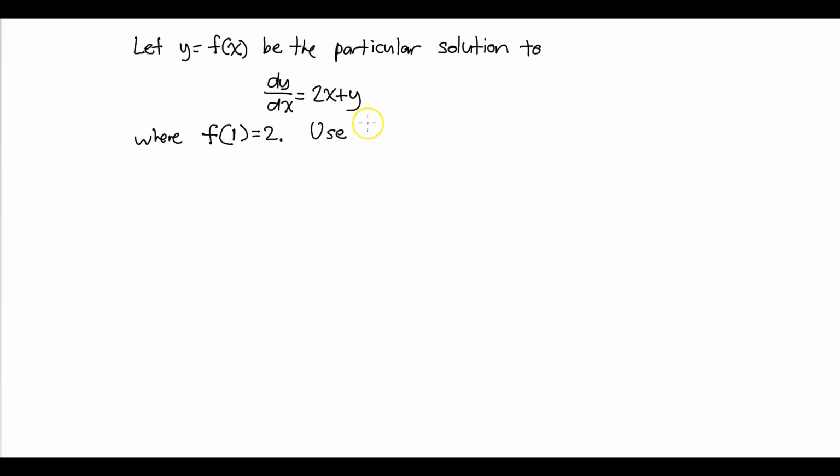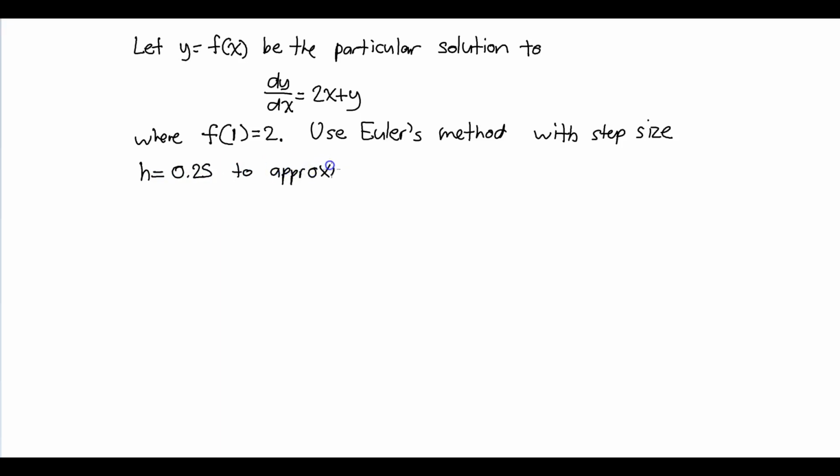Use Euler's method with step size h equals 0.25 to approximate f of 2. Okay, so how do you start this?